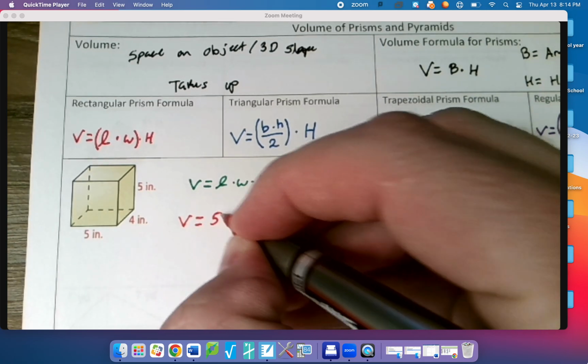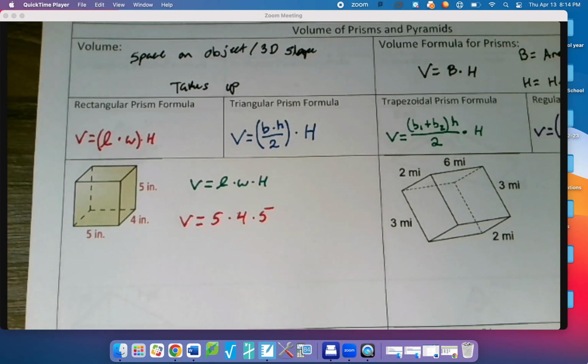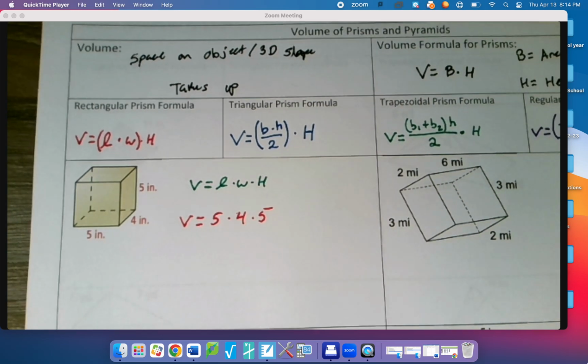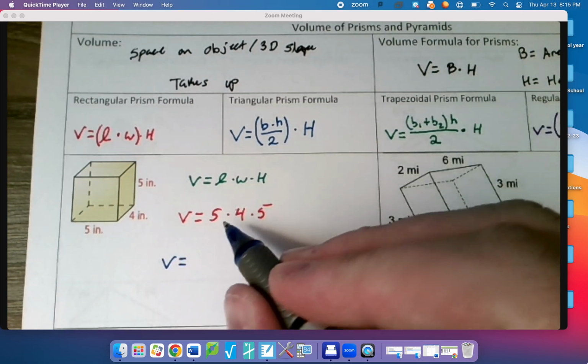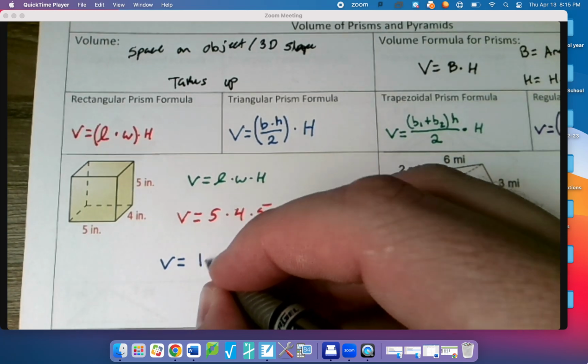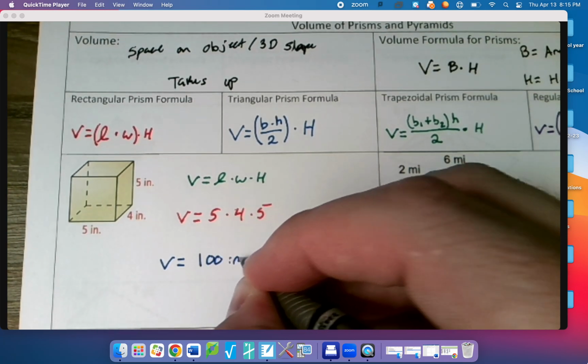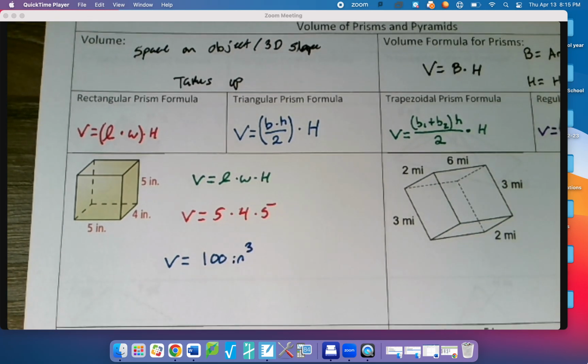So we can have 5 times 4 times 5, which then gives us our volume, as 5 times 4 gives you 20. 20 times 5 gets you 100 inches. And then with volume, we are cubed units.